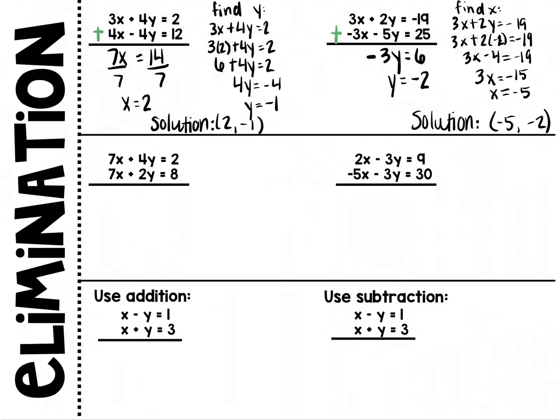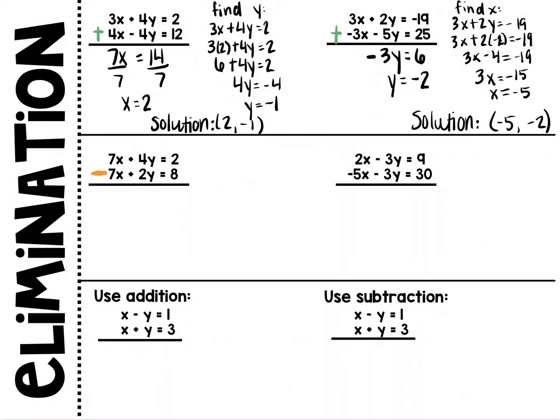So we look here, I have 7x plus 4y equals 2, 7x plus 2y equals 8. If we notice, we have 7x and 7x, both of them positive. Remember, we're trying to eliminate something, so we have to get it to cancel. If we add those, 7x plus 7x is 14x. That's not getting us anywhere. So we have to subtract to get rid of it.